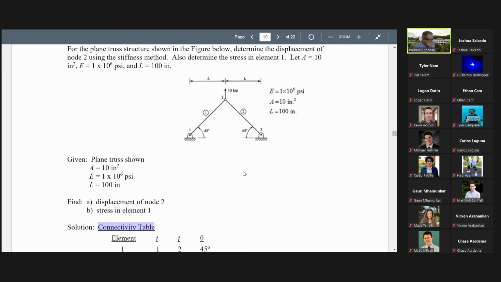All right, somebody tell me, what did you get for element 2? From node 2 to node 3 at an angle of -45. Anyone agrees with your friend? Yeah, that's what I got. Okay, from node 2 to 3, angle -45.